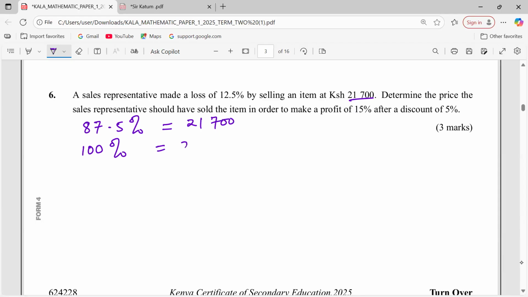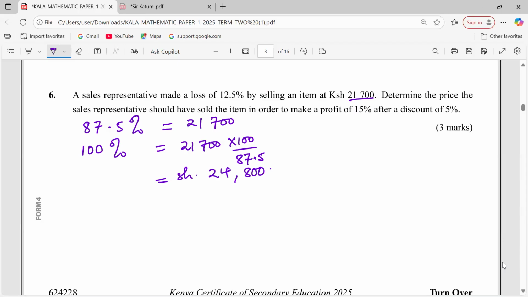So the cost price was 21,700 times 100 out of 87.5. So how much did they pay to acquire the item? 21,700 times 100 out of 87.5 is 24,800.